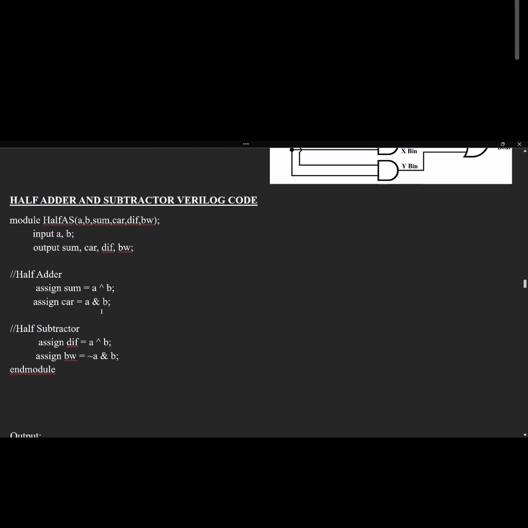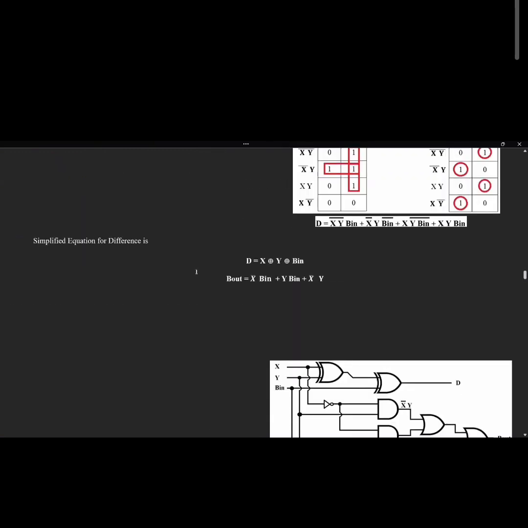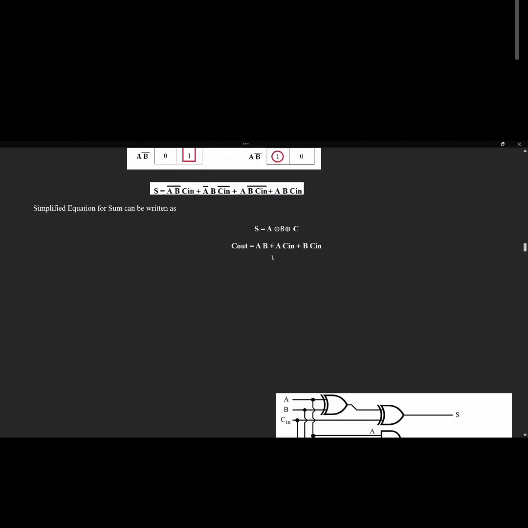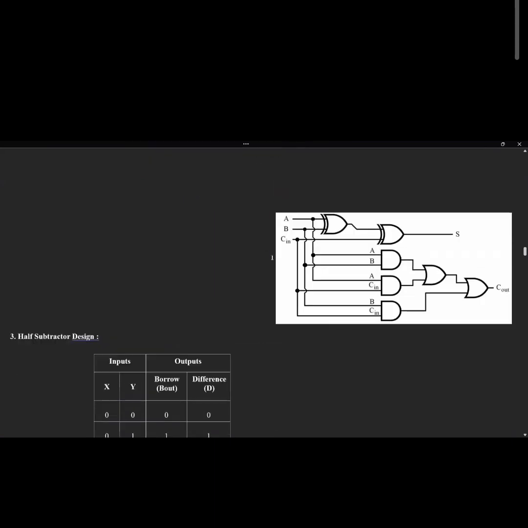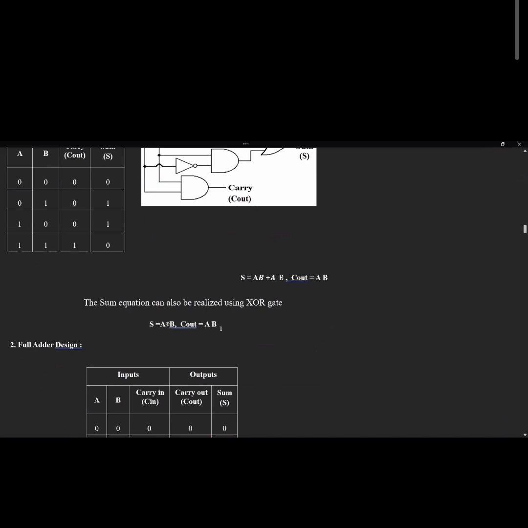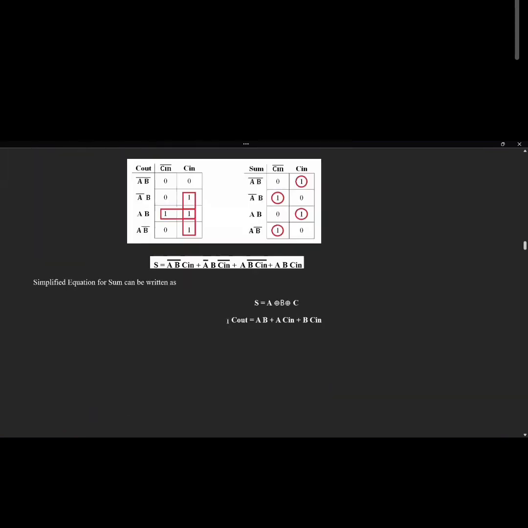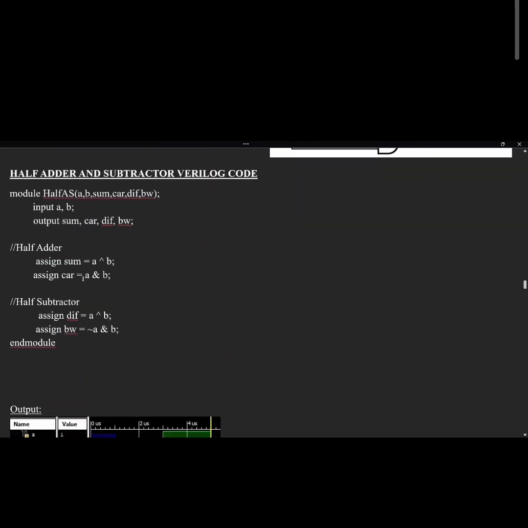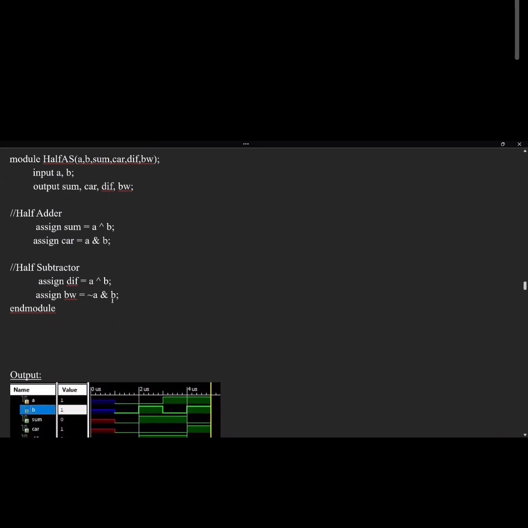Next is assign carry. For carry we get A and B. And next is borrow, A bar B. So first is A B and the next is A bar B. The difference and sum are the same because we are using the XOR gate, but carry and borrow are different.